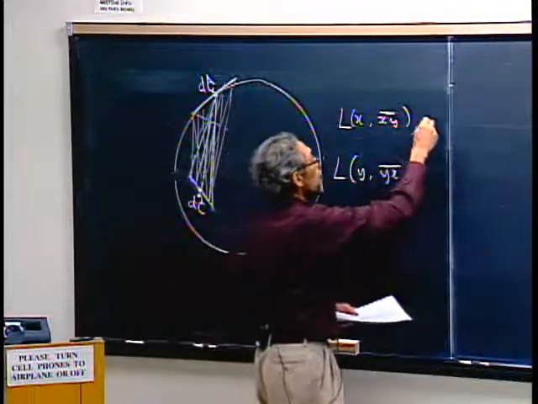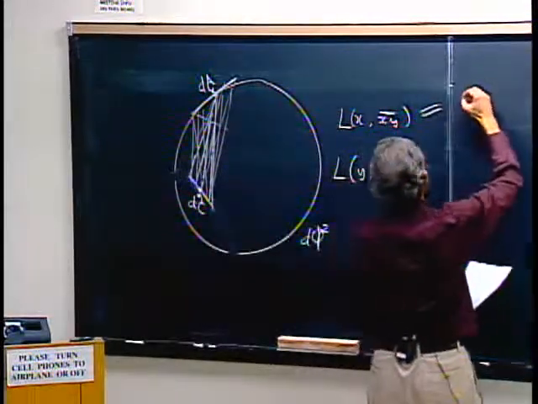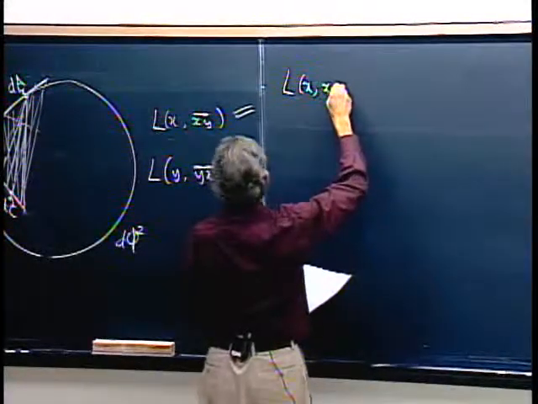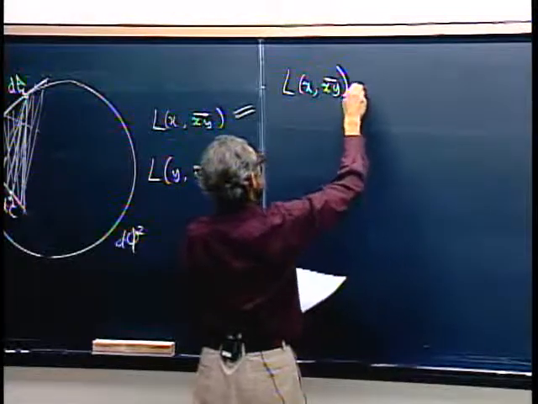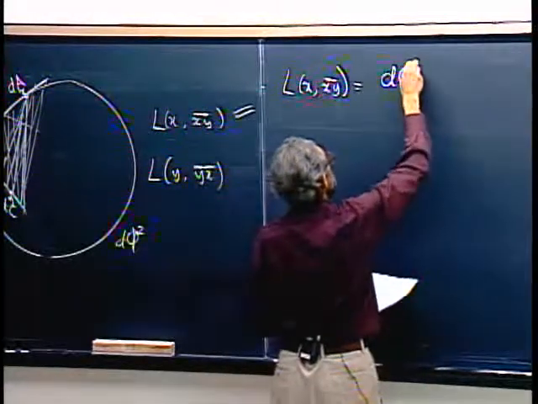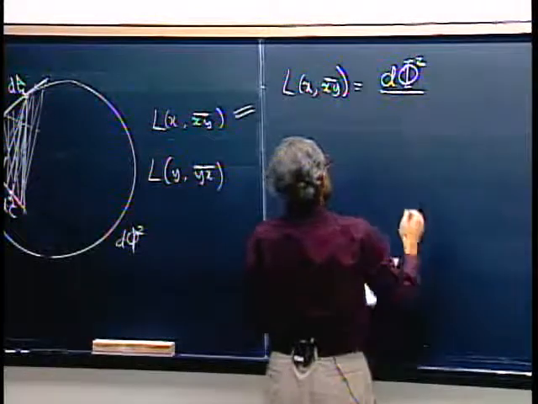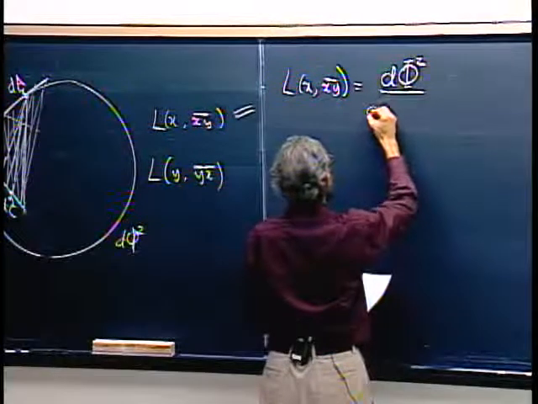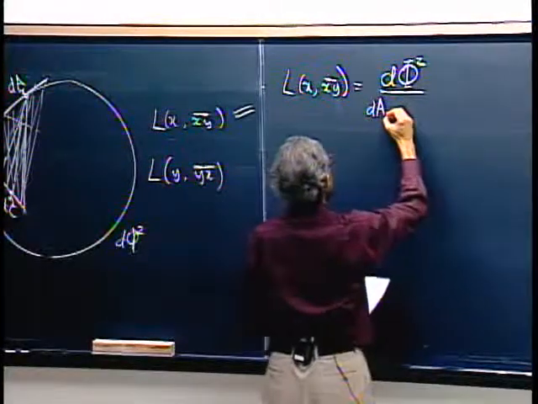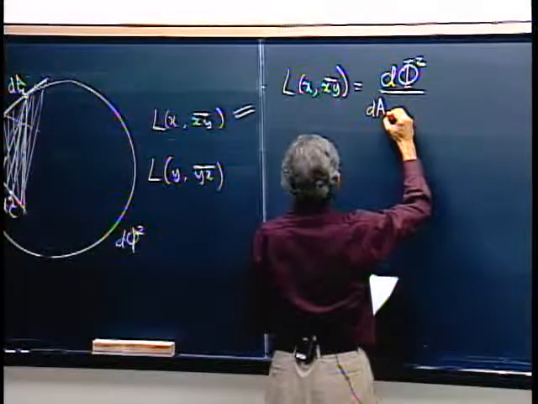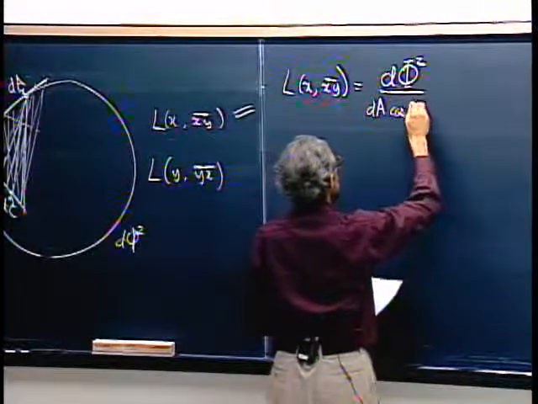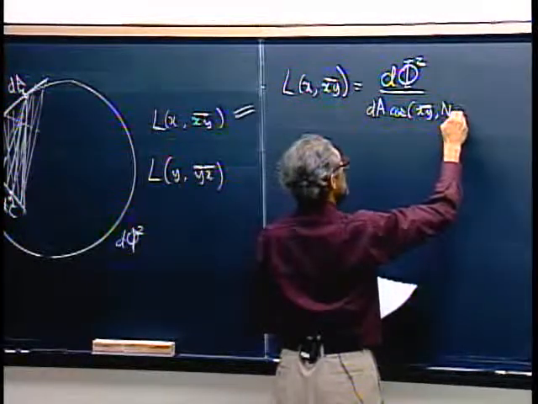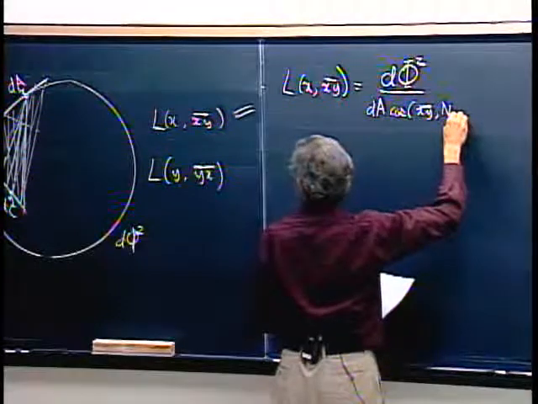And this radiance equals, well, let me rewrite it so that I don't violate the principle of staying on one board. That's d phi squared. We're measuring that per unit area, so that's dA perpendicular to the beam. So we need a cosine of the angle between the vector xy and the normal at x.